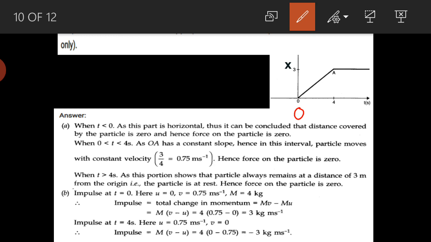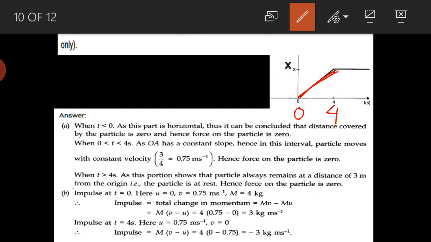Let us now take the second part, that is for the time between 0 to 4 seconds. Now this is 4 seconds. As you can see, the graph has a constant slope. We know the slope of the x-t graph represents the velocity. So here the velocity of the particle is constant.